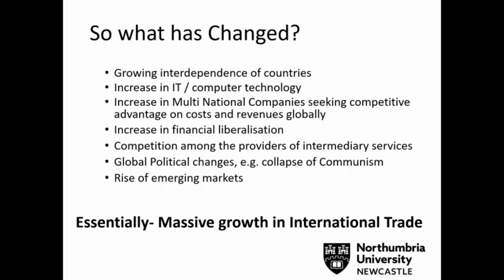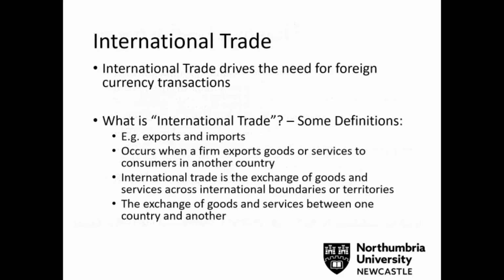But essentially, a massive growth in international trade has resulted in an excess demand for currency. Given what we've seen in the diagrams before, which were found on Bloomberg in the function ECTR, the definition of international trade is essentially exports and imports. Obviously, you don't need me to explain what this is, one would hope, but essentially, international trade involves foreign exchange and certain transactions.